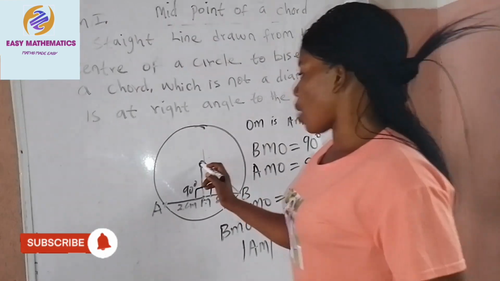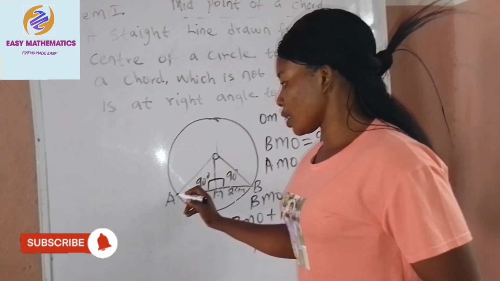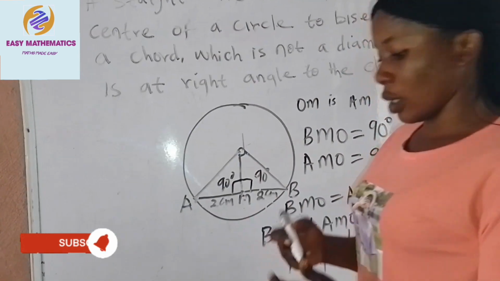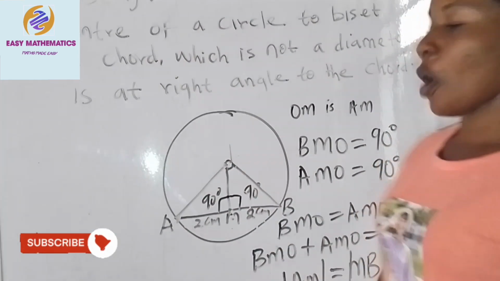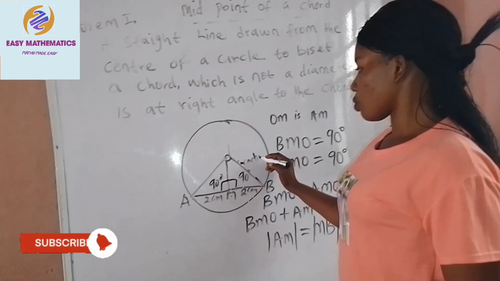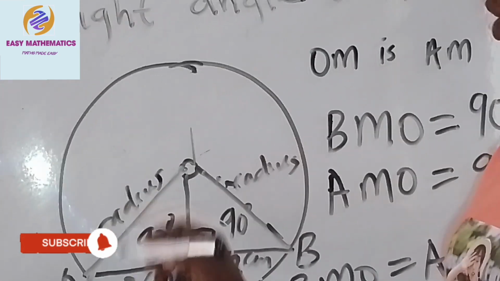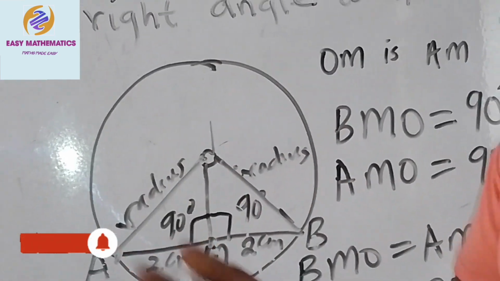Now, when we draw another line from our center O to meet this other point A, another triangle is formed. Now, this line we draw here is called a radius. And this other line is also called a radius. The two of them are called radii.